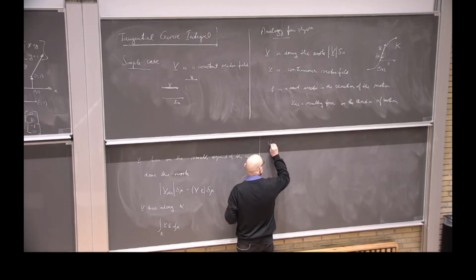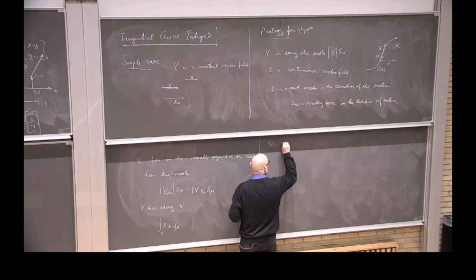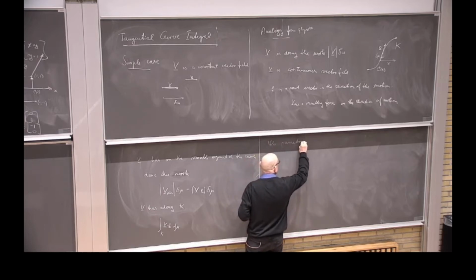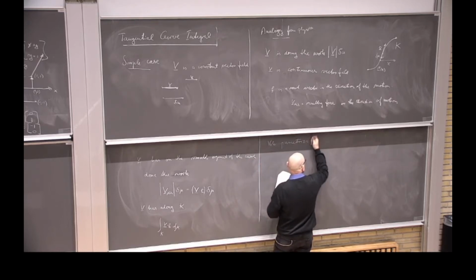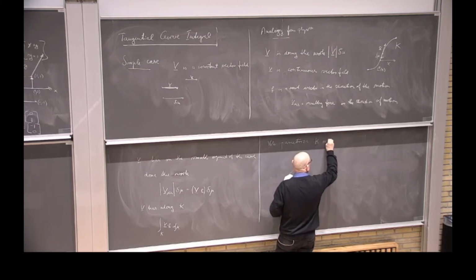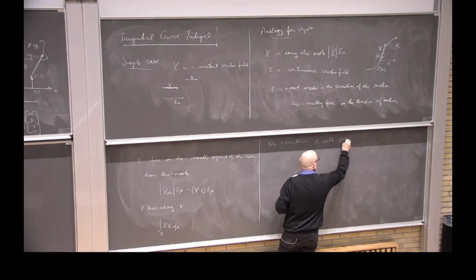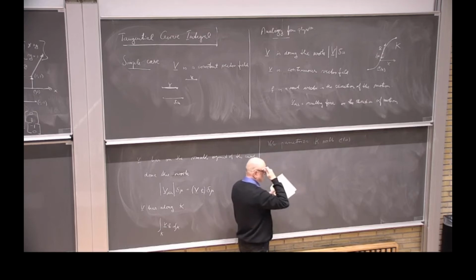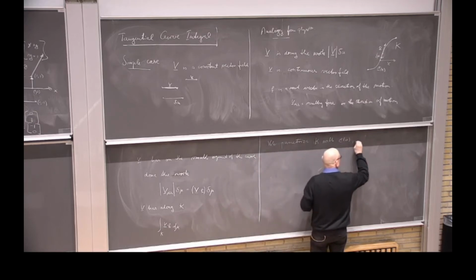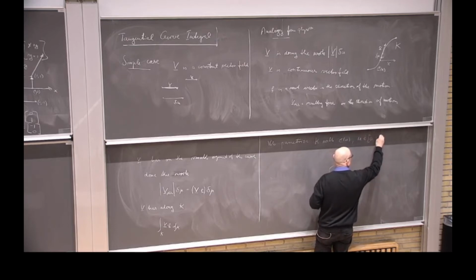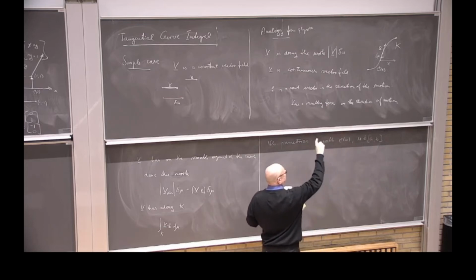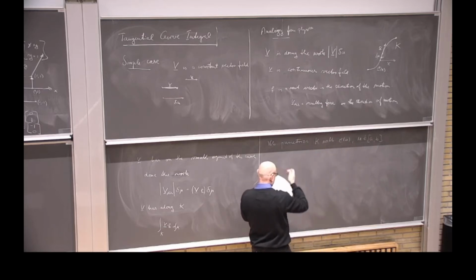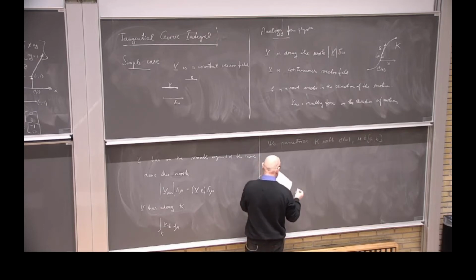So let me repeat here, we parametrize K with this parametric representation, and you have some limits for u. It goes from A to B, from the initial point to the final point.